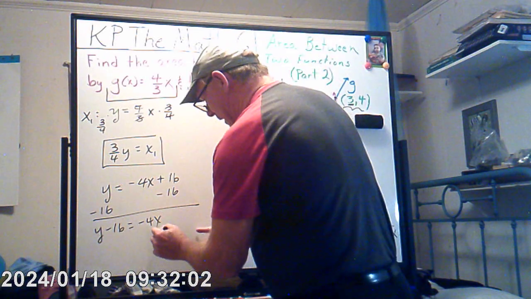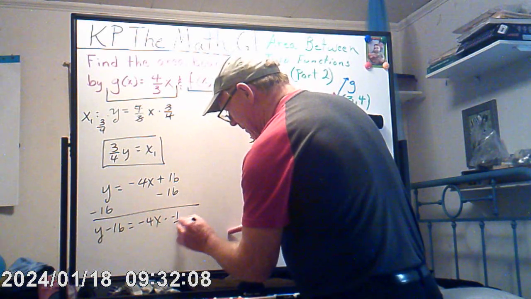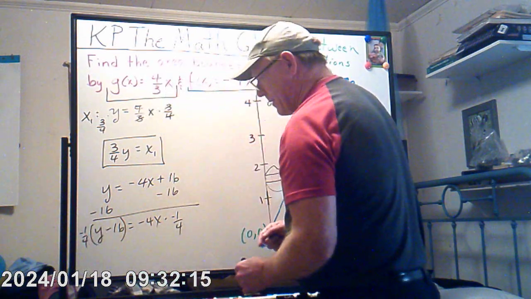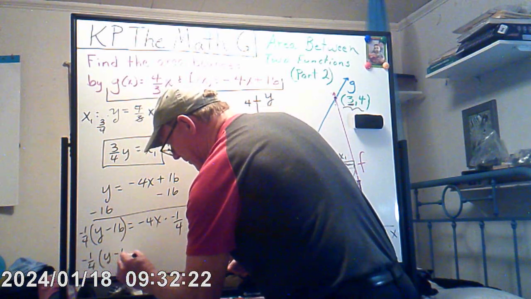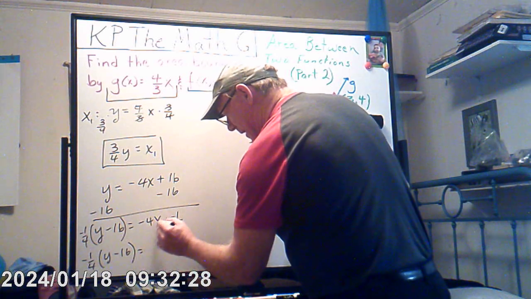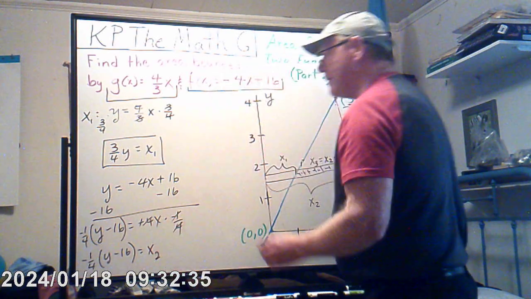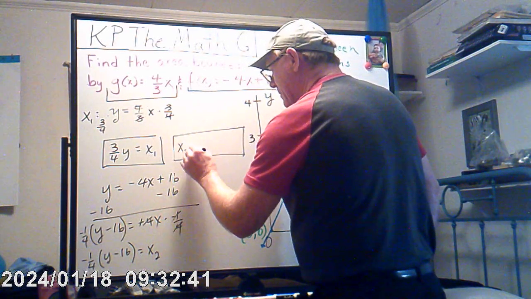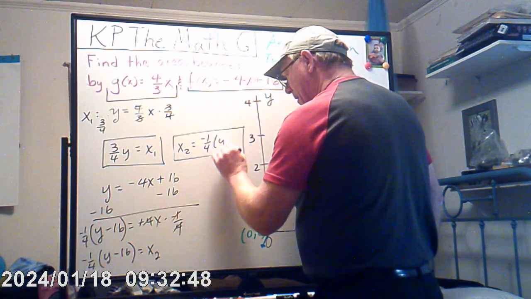If I multiply both sides by negative 1/4, I get negative 1/4 times y minus 16, which is equal to x. We're going to call that x2. So x2 is negative 1/4 times y minus 16.